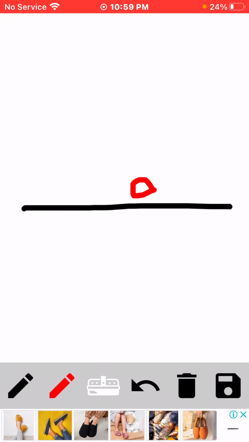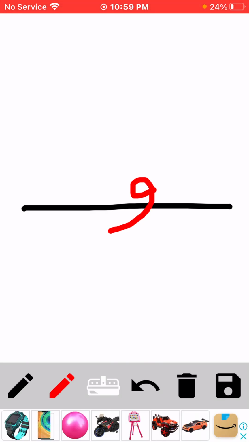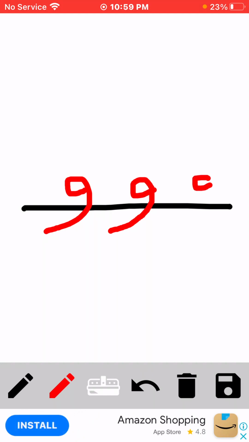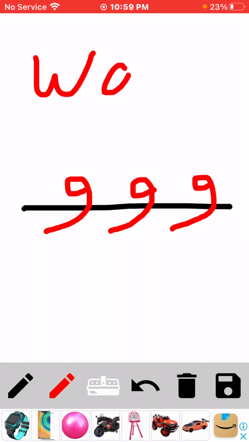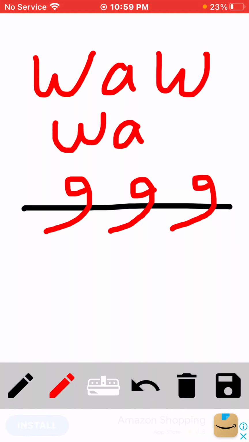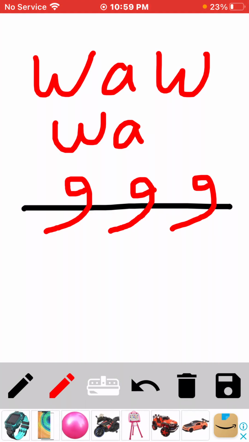It looks like a circle, and the other part of the letter goes under the line, like this. This is letter wow, okay? Its name is wow and its sound is wa.